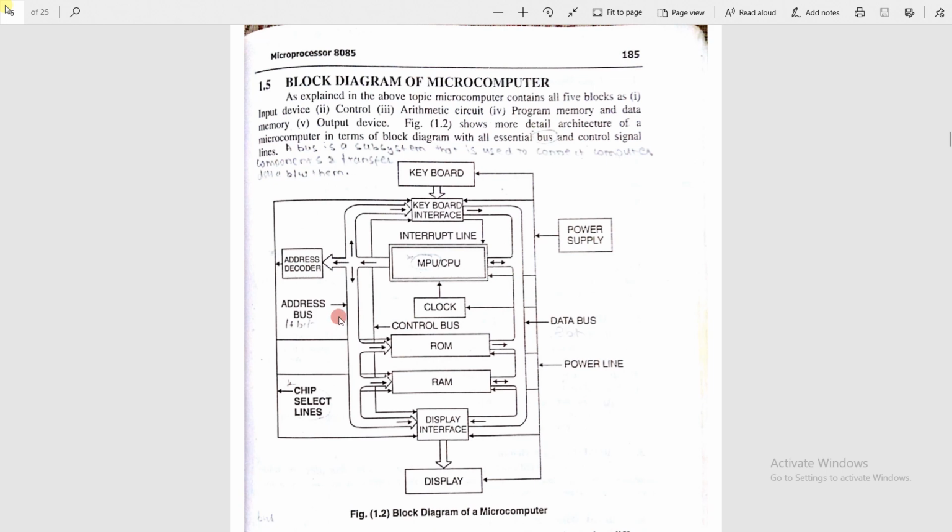Then we have the address decoder. An address decoder is a binary decoder that has two or more inputs for address bits and one or more outputs for device selection signals.